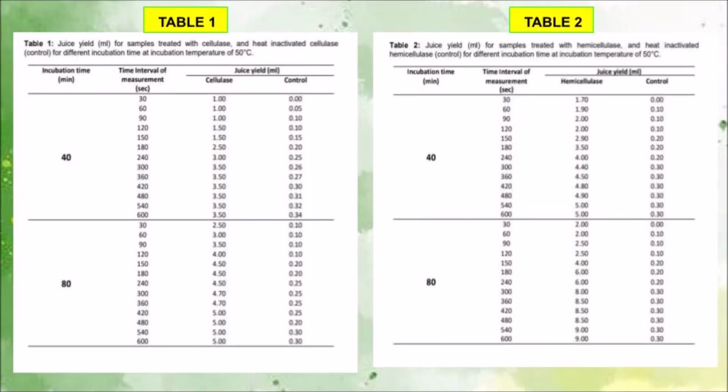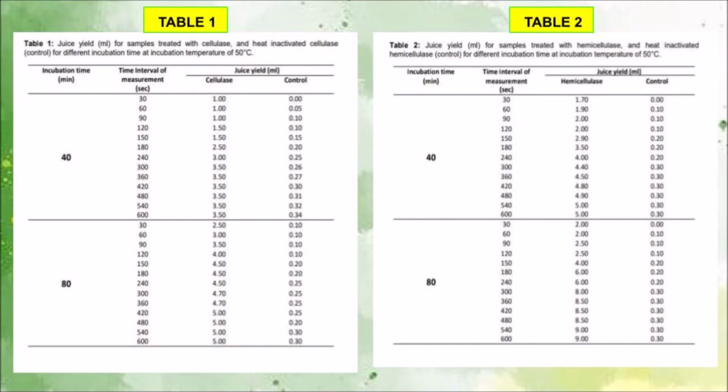So, back to the result. We have table 1 and table 2. Table 1 is the juice yield in ml for samples treated with cellulase and heat-inactivated cellulase control for different incubation times at an incubation temperature of 50 degrees Celsius. So we have the incubation time, which is 40 and 80 minutes, the time interval of measurement from 30 to 600 seconds, and the juice yield for cellulase and control.